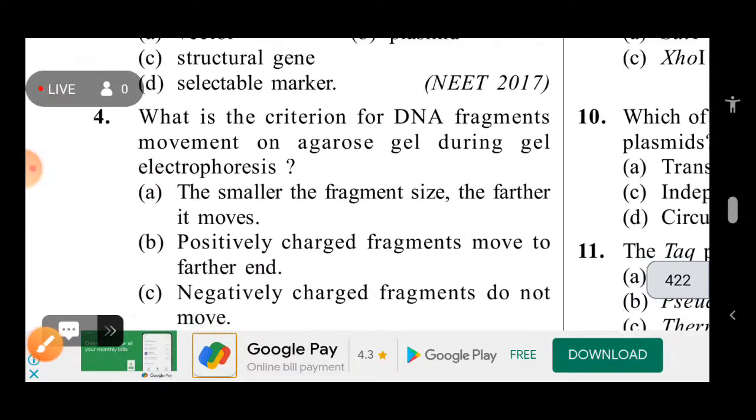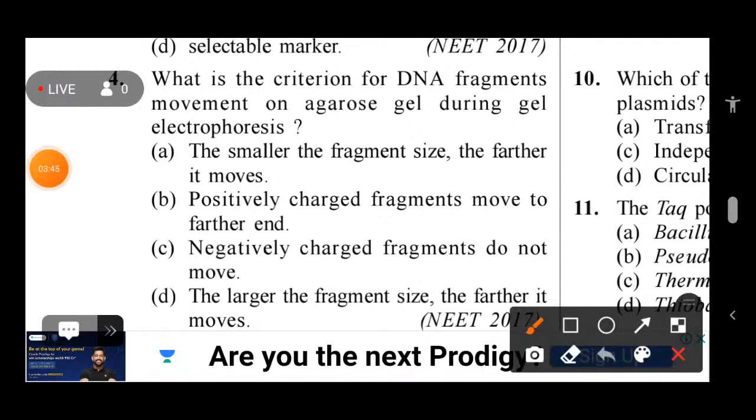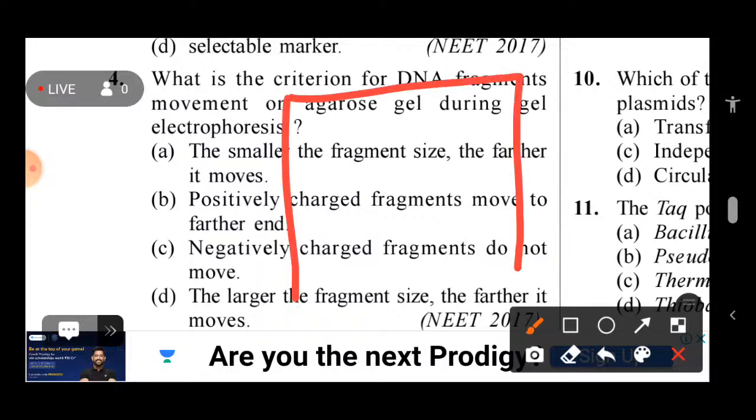Fourth question: what is the criterion for DNA fragments movement on agarose gel during gel electrophoresis? This question also we already saw, I think. We know that the smallest fragment will cross the more area, because it is an agarose gel pad.